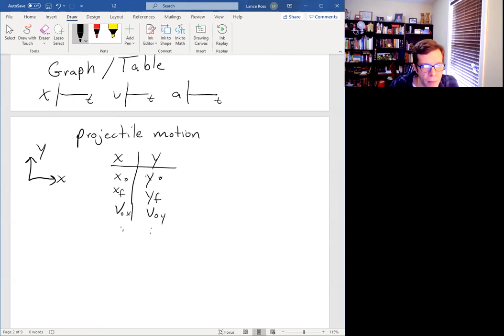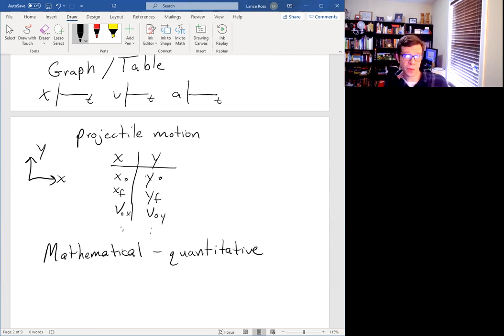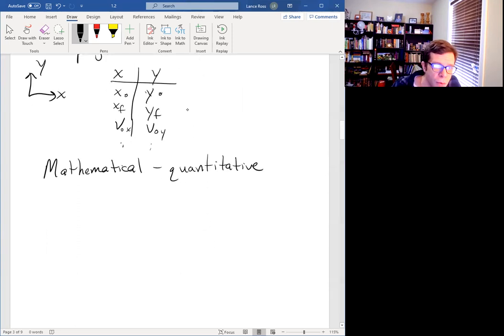And then, of course, mathematical. If we're going to get to something quantitative, we're eventually going to have to do some math, right? So that's kind of in there anytime that you're not just conceptualizing. So I think the takeaway from this section of the book is you're never wrong to draw a picture in physics.